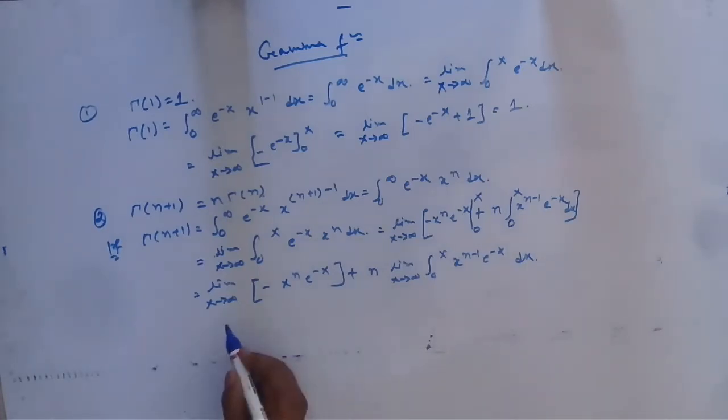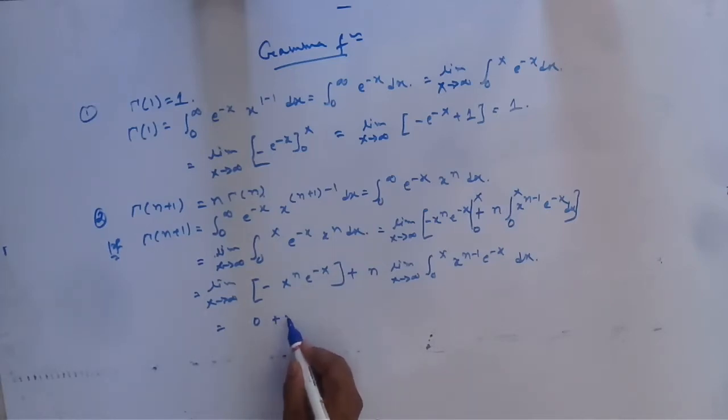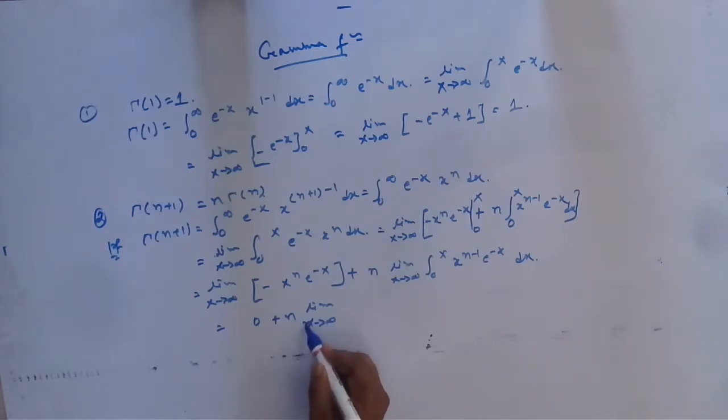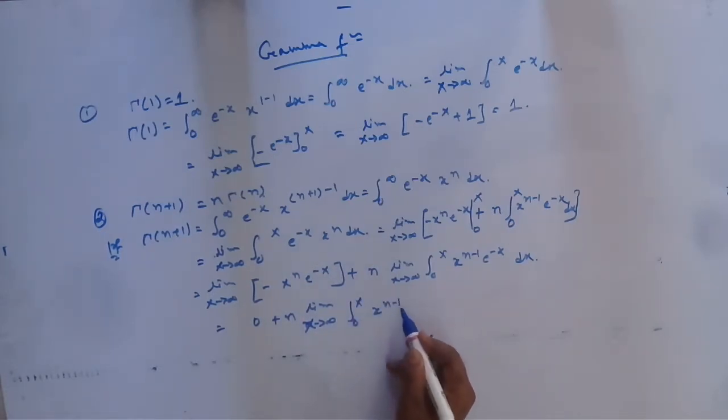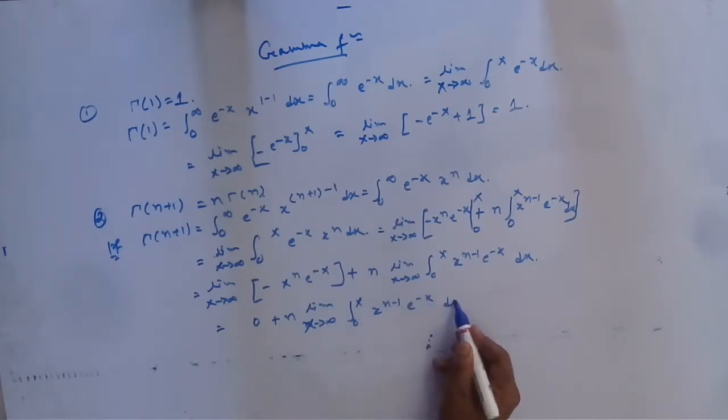And the first term will be equal to 0. So this will be equal to 0 plus n limit x tends to infinity integral from 0 to x of x to the power n minus 1 e to the power minus x dx.